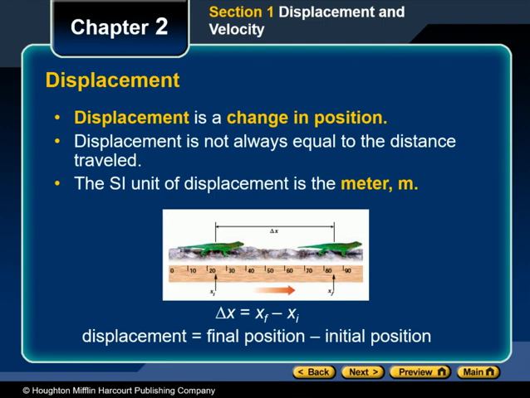The gecko's displacement is the difference between its final and initial coordinates, x sub f minus x sub i. In this case, the displacement is about 61 centimeters, which is 85 centimeters minus 24 centimeters. The Greek letter delta, represented by a triangle before the x, denotes a change in the position of an object.